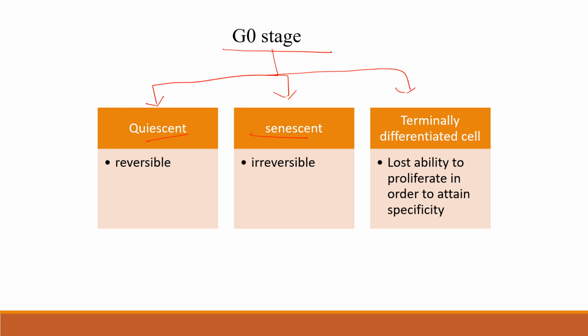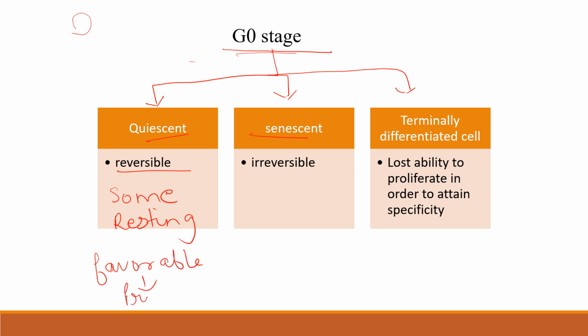So quiescent state, as I have mentioned, is a reversible phase. What does it mean? If the cell is not ready to divide and it enters the G0 phase, there are some cells that for some particular point of time would be in a resting phase, and when the conditions are favorable, then only it would be proliferating or dividing.